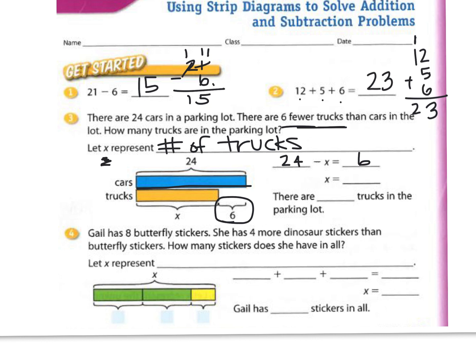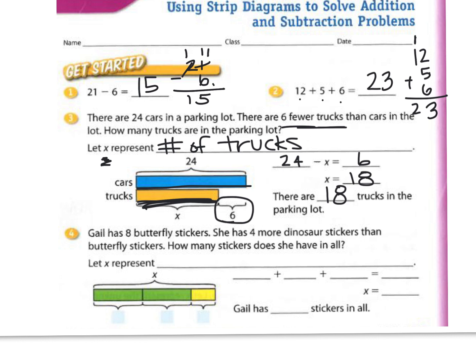We can figure that out because 18 plus 6 is 24, so we're kind of going the opposite way. There are 18 trucks in the parking lot.